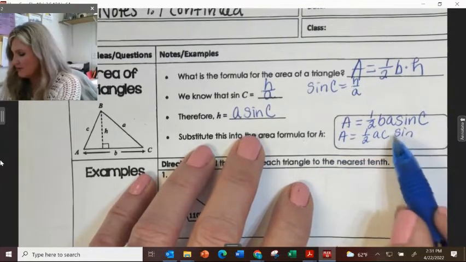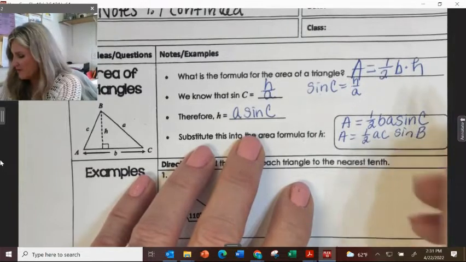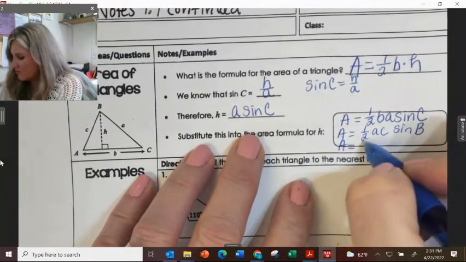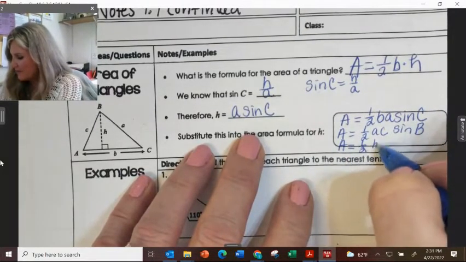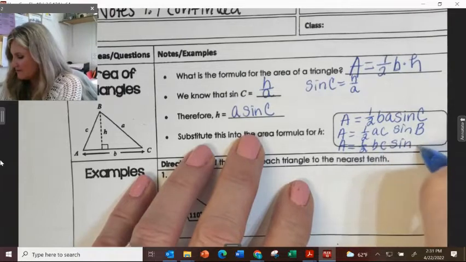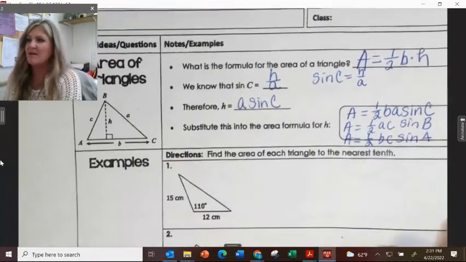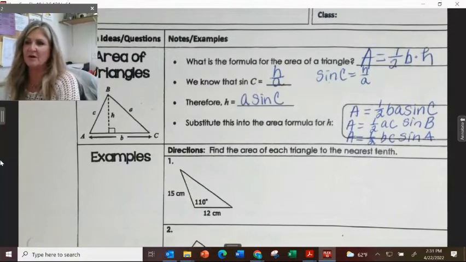A. No, B, right. Or we could do A equals 1/2 BC sine what? A. Good. All those formulas will work.